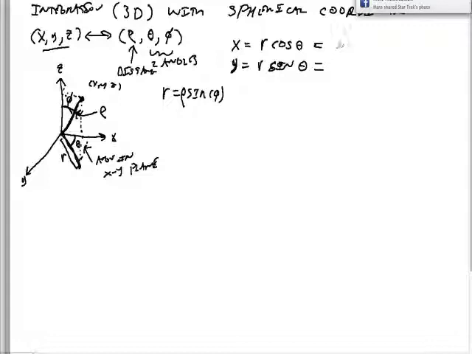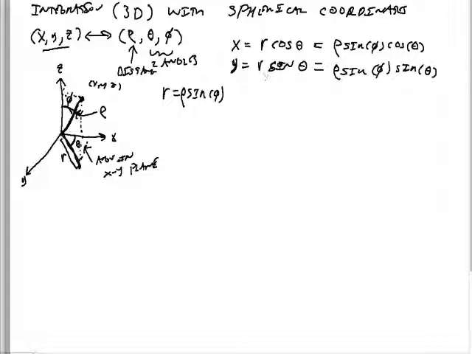Okay, so we're going to write that down. Rho sine phi cosine theta, and rho sine phi sine theta. All right, now we then need to clean up and find z.